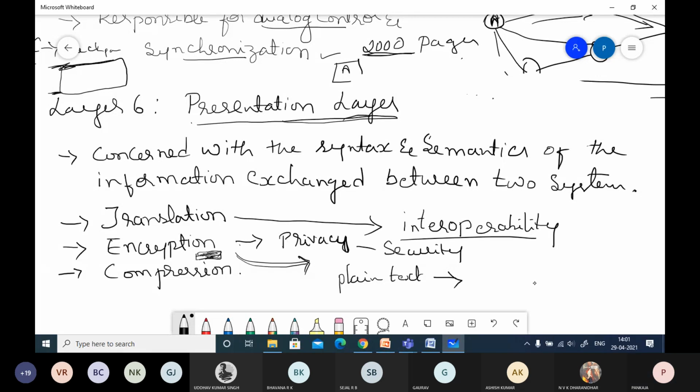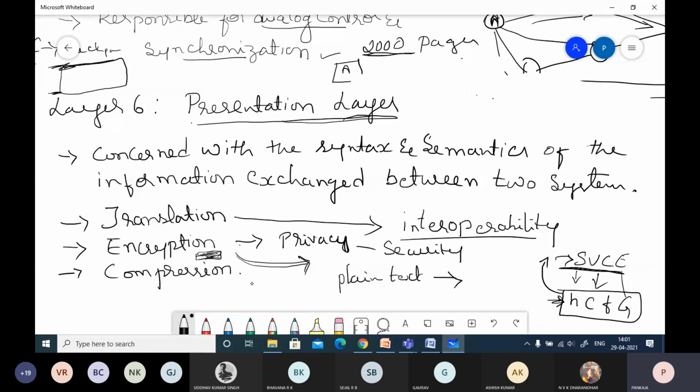For example, in the last class I showed that SVC is changed to some other format. Wherever S comes, I replace with H, V with C, for C I represent F, and for E, G. Now this data is encrypted. Whenever it is received at the receiver side, it requires a decryption algorithm to get back the plain text. This is ciphertext; when you decrypt, you get the plain text. This operation is taken care of by the presentation layer.